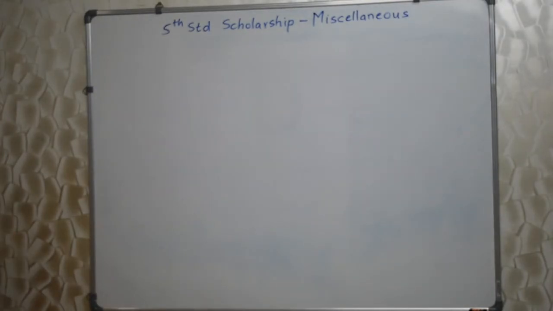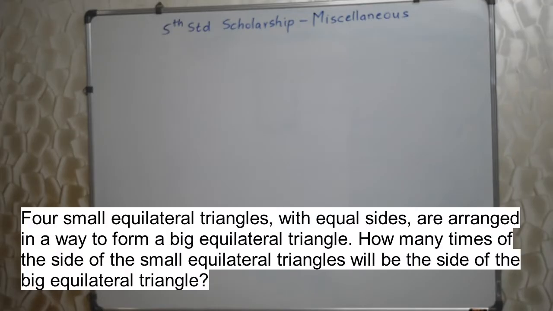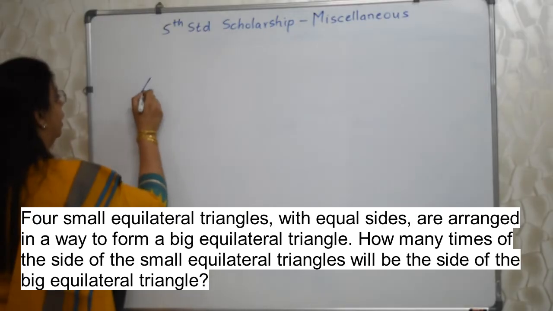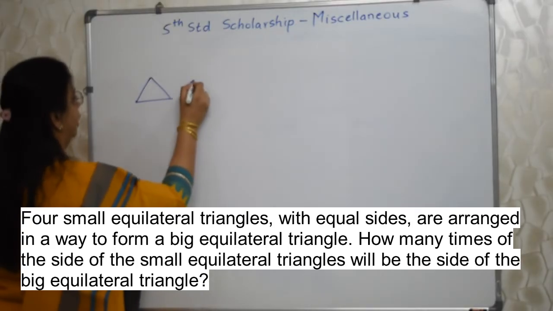Students, the first sum will appear on your screen. 4 small equilateral triangles with equal sides are arranged in a way to form a big equilateral triangle. How many times of the side of the small equilateral triangles will be the side of the big equilateral triangle? So there are 4 small equilateral triangles, right? Like this.